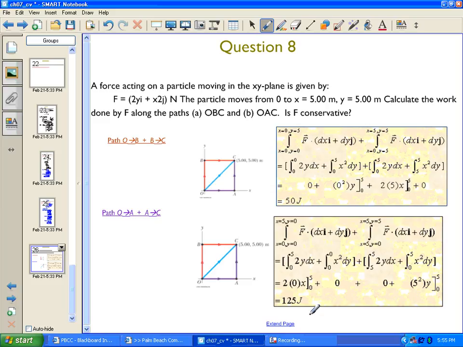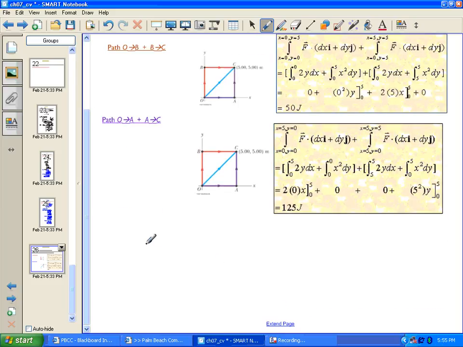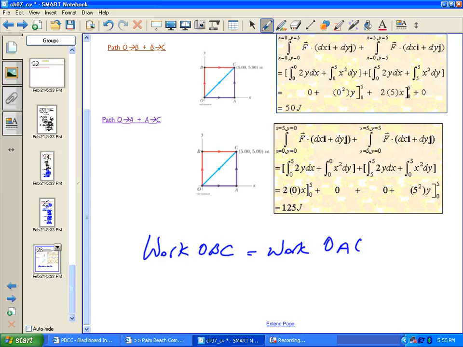We are asked to determine the amount of work done by this force along two different paths, and when we compare the amount of work, we have to determine if that force is conservative. The answer will quite simply be if the work done by path OBC equals the work done when the particle takes the path OAC, then F is conservative.